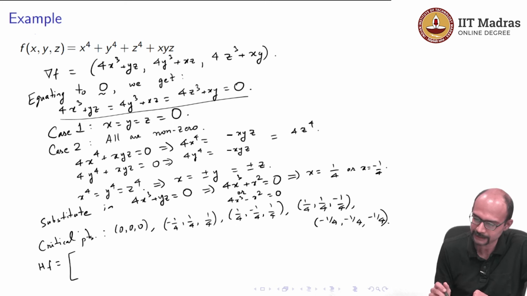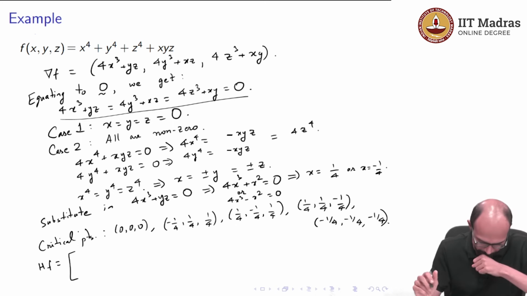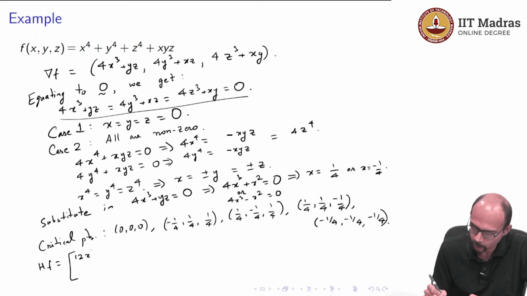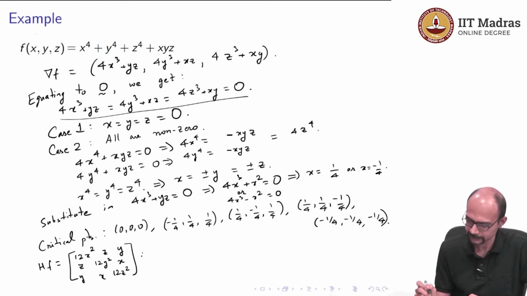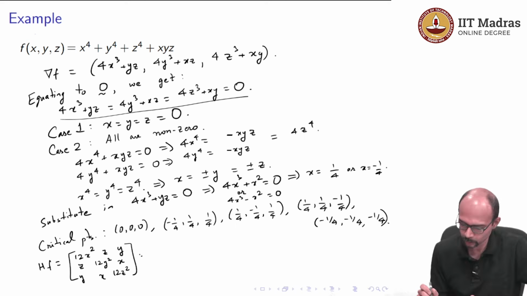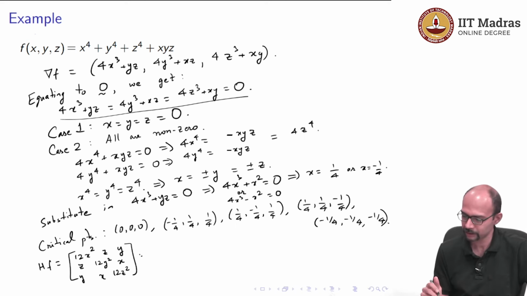If you compute the Hessian, what you are going to get is 12x², z, y; then z, 12y², x; and then y, x, 12z². Okay, fine. So, now we have to evaluate this Hessian at all these various points and check what happens.